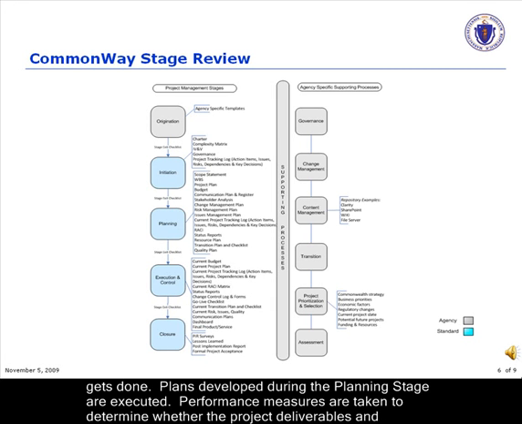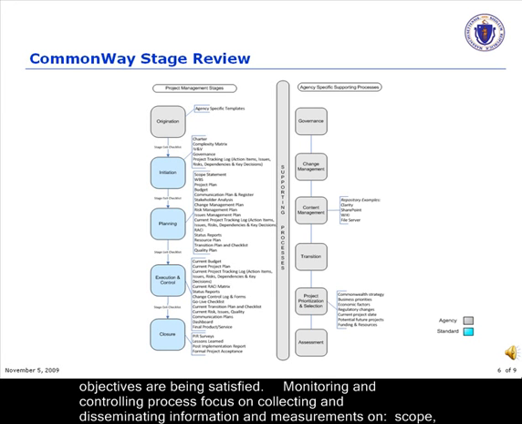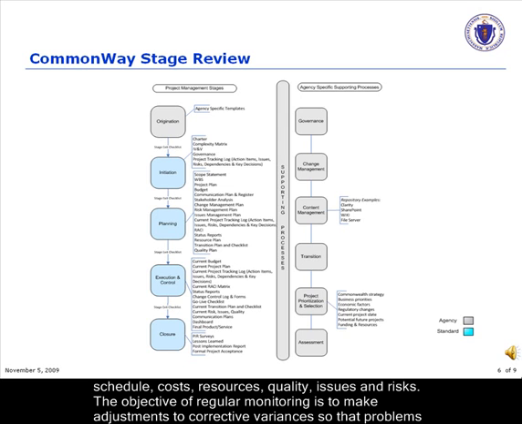Performance measures are taken to determine whether the project deliverables and objectives are being satisfied. Monitoring and controlling processes focus on collecting and disseminating information and measurements on scope, schedule, costs, resources, quality, issues, and risks.